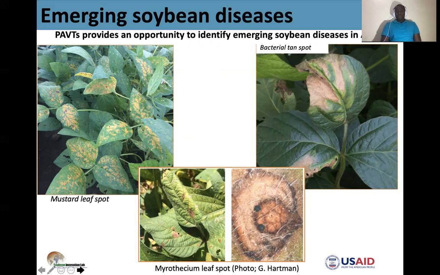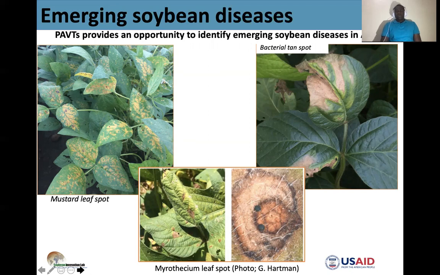The next disease is bacterial tongue spot, which has already been reported in common bean in Kenya, South Africa, and Tunisia. On soybean, it was first reported in Zambia in 2019, but we've observed it in other countries like Kenya and Uganda.